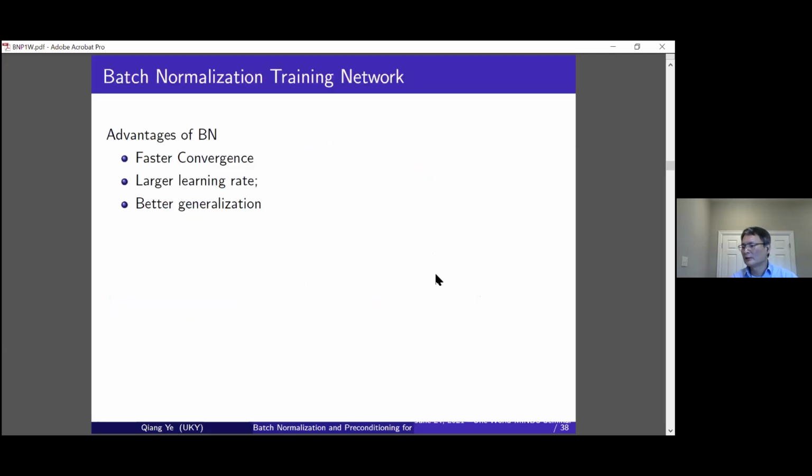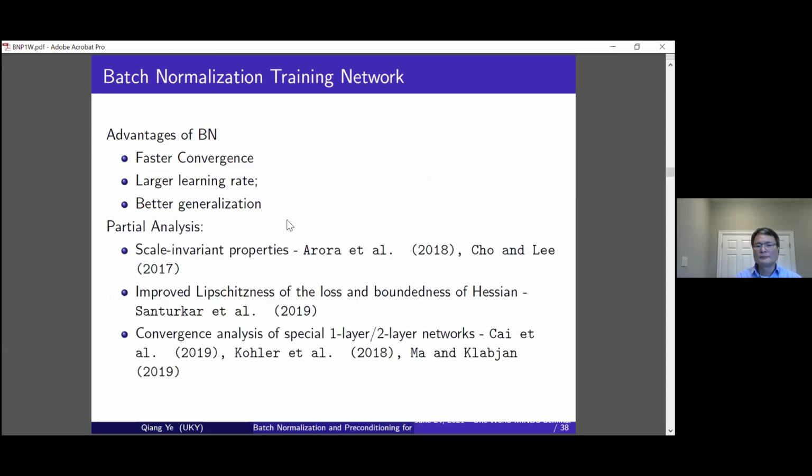This simple technique turns out to be very effective. It produces faster, accelerated convergence. It also allows the training to use a larger learning rate, and it has been found to give better generalization. However, the BN method is not well understood. There is only limited analysis trying to understand how it works.